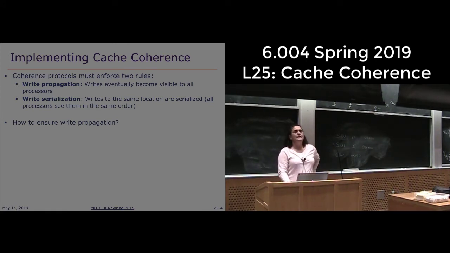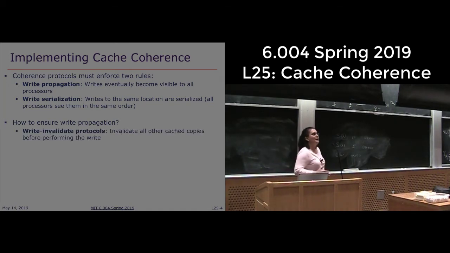So we're going to start thinking about write propagation. For write propagation, the most common method, and what we're going to primarily see today and what I just alluded to in the previous slide, is a write invalidate protocol. The way this works is that when somebody wants to do a write, you invalidate the copy of that same address from everybody else's caches, and then you're free to do the write because you're sure that nobody else is going to serve up a stale copy of that data.